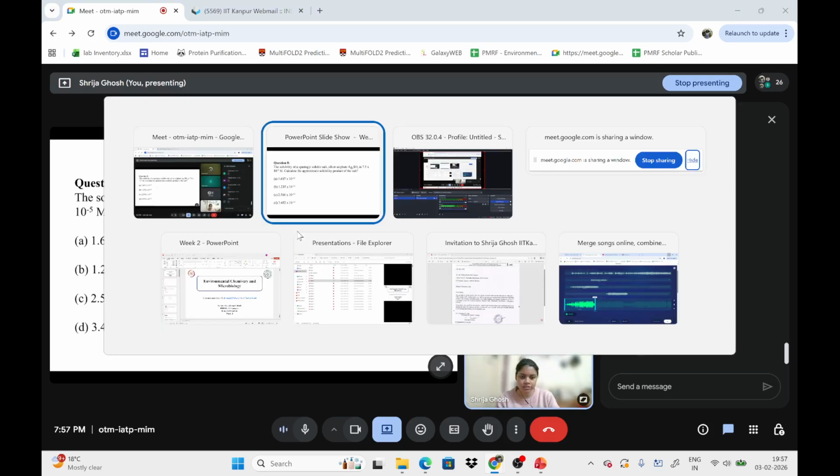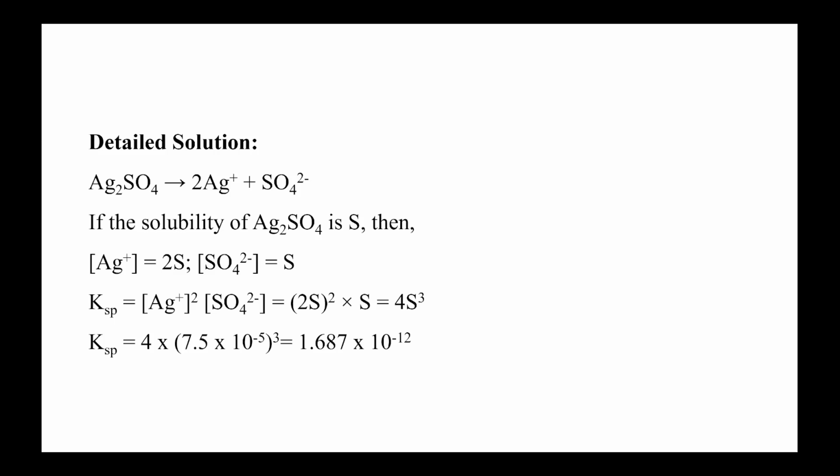So let's see. That is the correct answer, 1.687 into 10 raised to the power of minus 12. Let's see how to solve this. Ag2SO4 is similar to the previous question where we solved for silver chromate. Like silver chromate, silver sulfate is also a sparingly soluble salt.